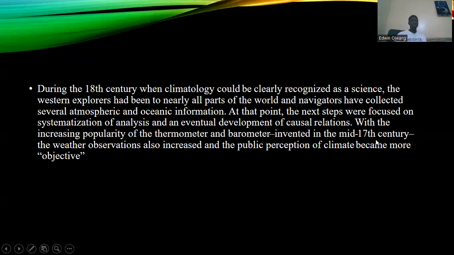During the 18th century, when climatology could be clearly recognized as a science, Western explorers had been to nearly all parts of the world, and navigators had collected a lot of atmospheric as well as oceanic information. At that point, the next steps were focused on the systematization of analysis and an eventual development of causal relations. With the increasing popularity of the thermometer and barometer, which were invented in the mid-17th century, weather observations also increased and public perception of climate became more objective.